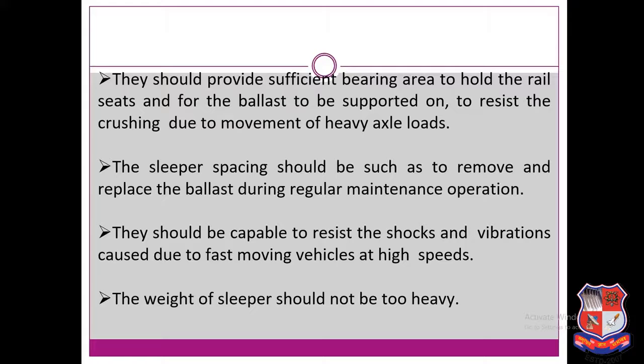They should provide sufficient bearing area to hold the rail seats, meaning the top portion of the rail, and for the ballast to be supported, to resist crushing due to movement of heavy axle loads. The sleeper spacing should be such as to allow removal and replacement of ballast during regular maintenance operation. They should be capable of resisting the shocks and vibration caused by fast moving vehicles at high speed.